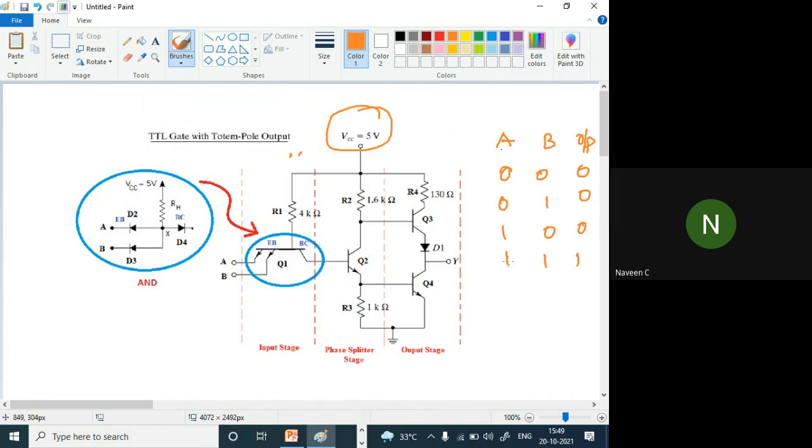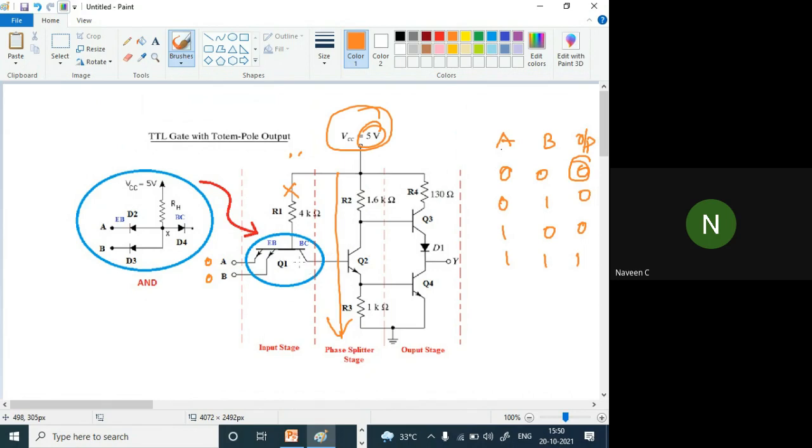This circuit should perform this logic. If I give 0 0 at the emitter, this transistor won't conduct, so this 5 volt will get grounded and your output will be 0.